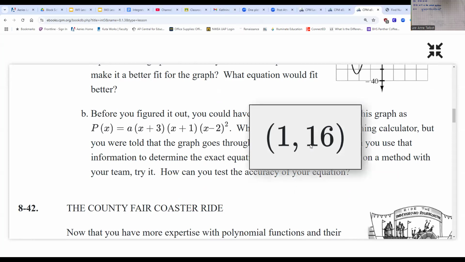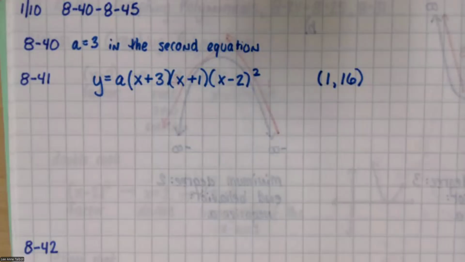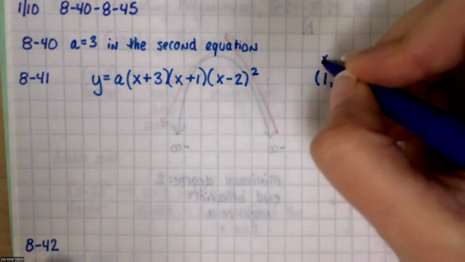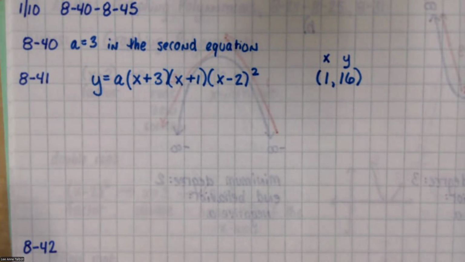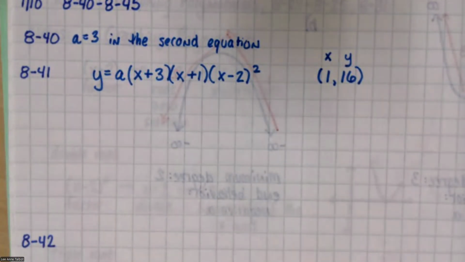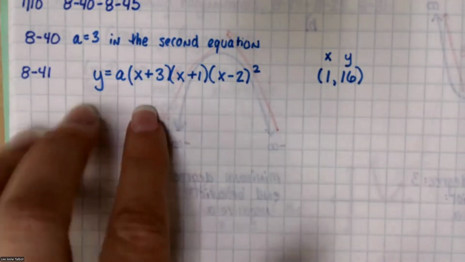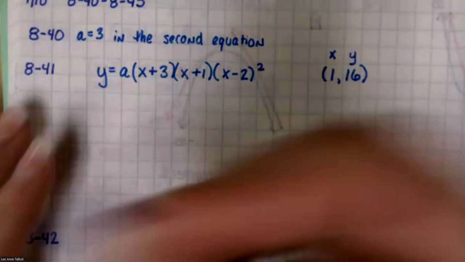And they're telling us that this graph goes through the point 1 comma 16. So if you could write that off to the side, please, 1 comma 16. And that is my X and my Y, and I'm going to solve for A. This is exactly like what we did first semester, where you had a parabola. It's just that now you've got parentheses, but it's no big deal.